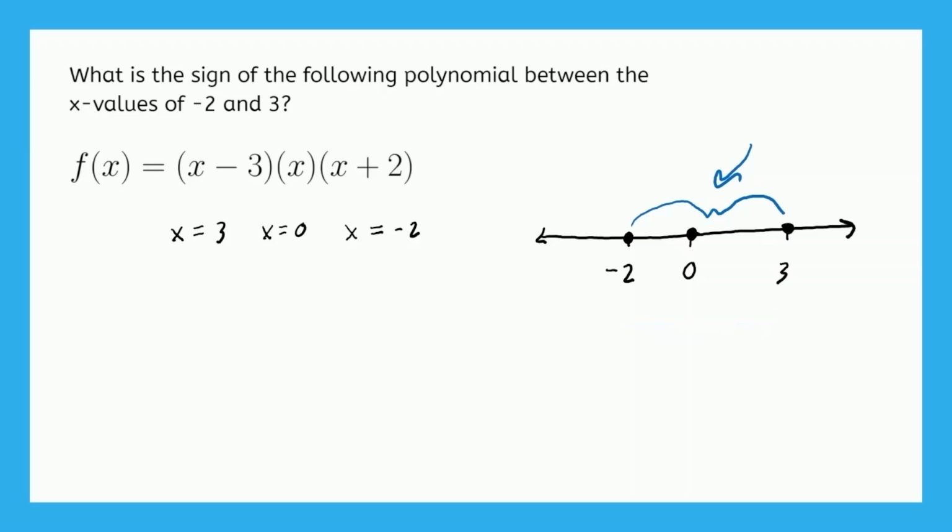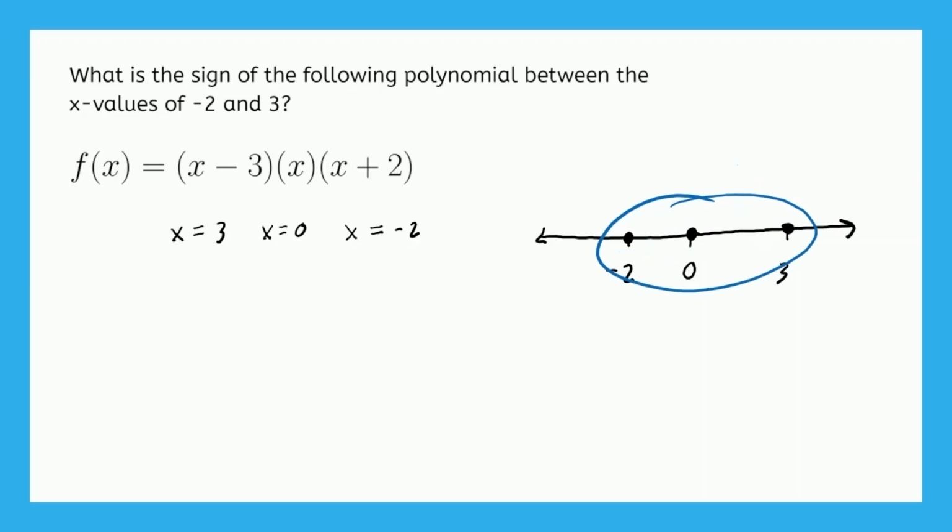Now, in a future video, we'll talk about something called multiplicity, okay? But in this video, we are not going to talk about multiplicity, which means that whenever we have a 0, our graph crosses the x-axis. Why is that important?